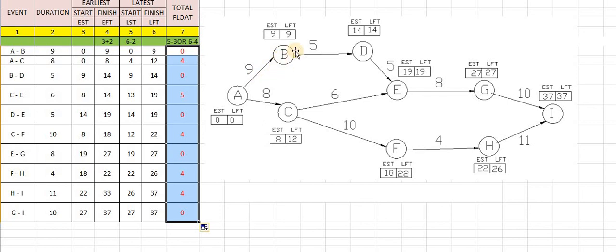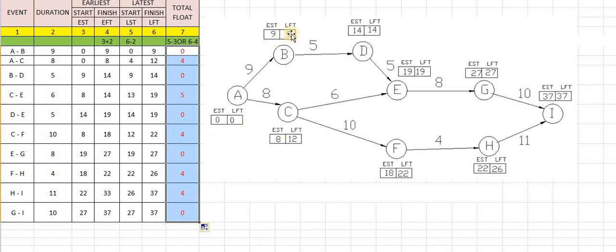What about BD? BD is again a critical path. DE has the same values, EST and LFT the same, so again it is a critical path. Next is EG, again the same values, a critical path. Next is G to I, again the same value, the critical path.